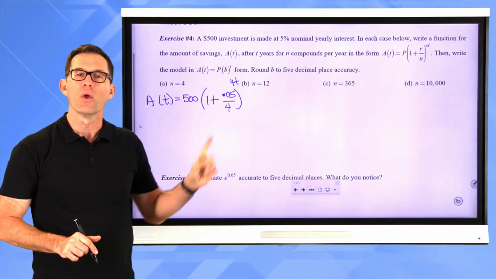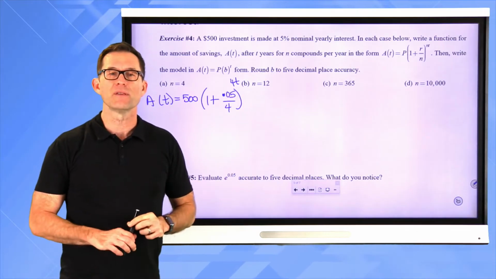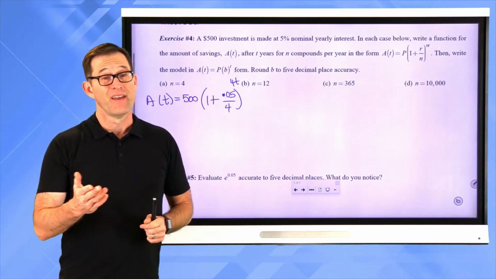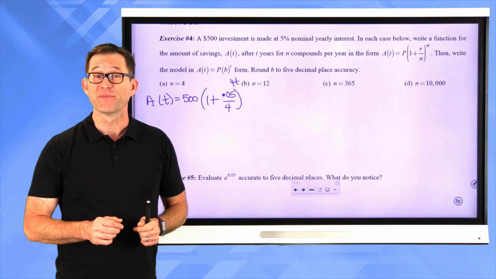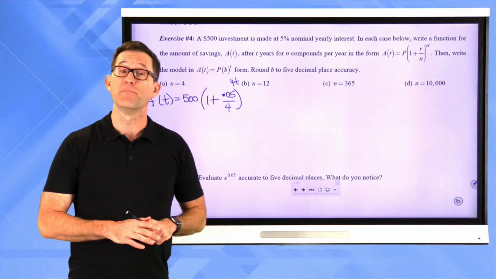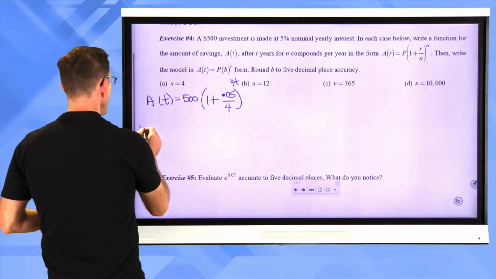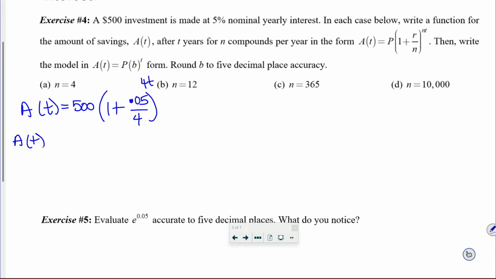All right, now, we want to do the same kind of manipulation that we did in the last unit, and in fact, in the last problem, okay? I want to rewrite this in terms of b to the t. So to do that, I just want to take this and rewrite it like this to the 4th, all to the t.